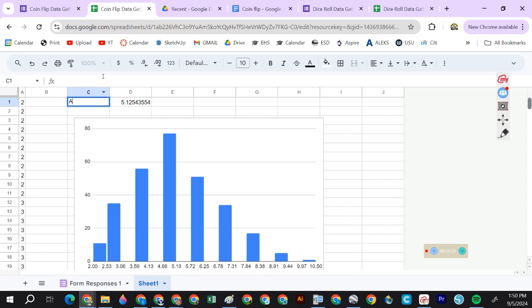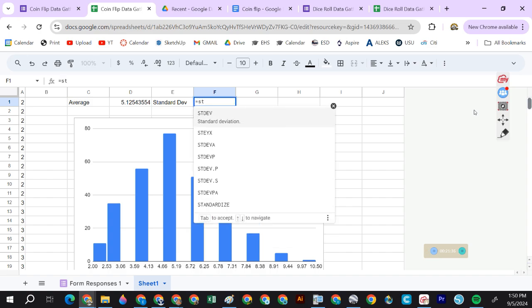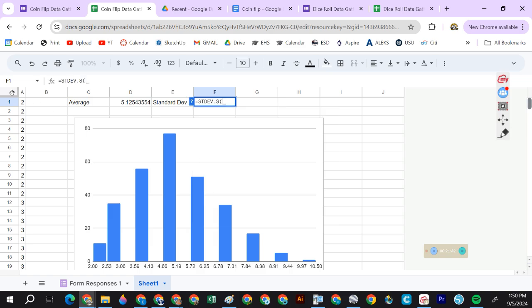So this is average, and this is standard deviation, and through the miracle of spreadsheets, and again, I want the sample standard deviation, not the parameter. So the sample standard deviation of A gives me 1.6. So my average is 5.12, and my standard deviation is 1.6.